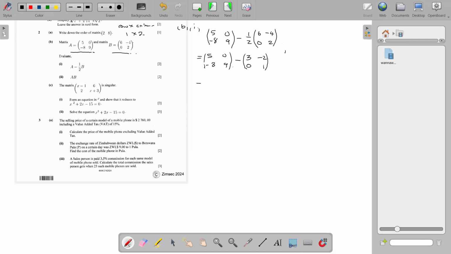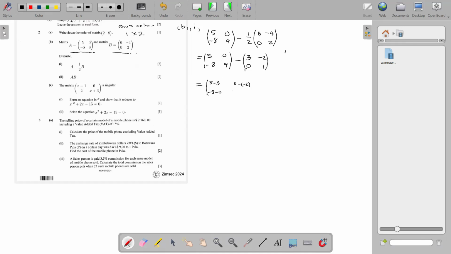Then you are now going to simplify 5 minus 3. Then we have minus 8 minus 0. Then we have 0 minus 2.